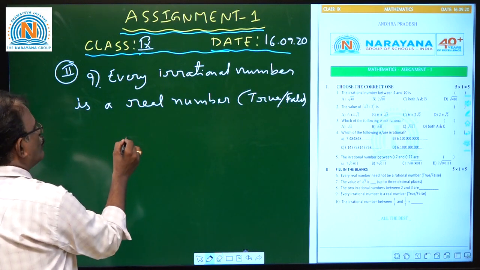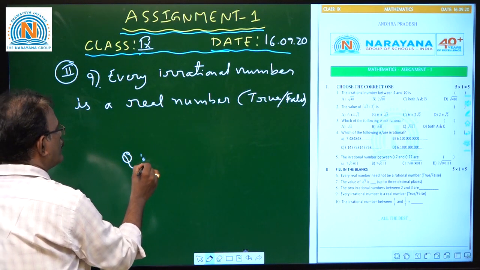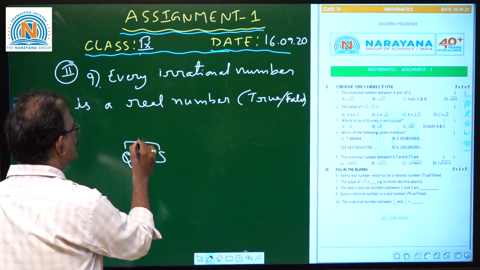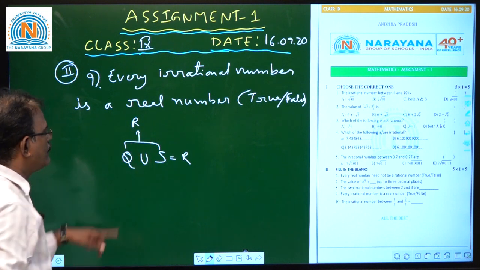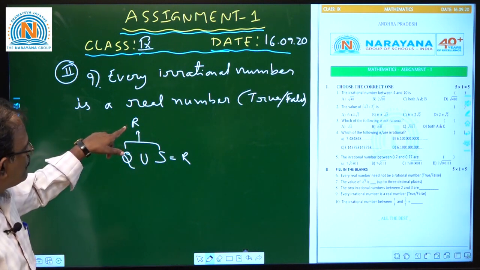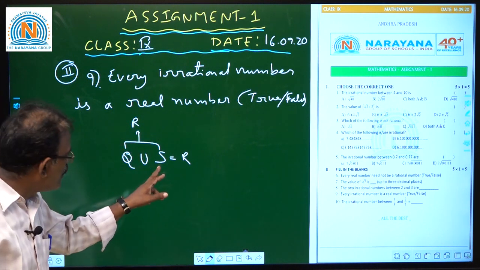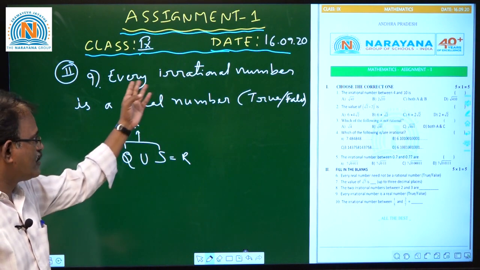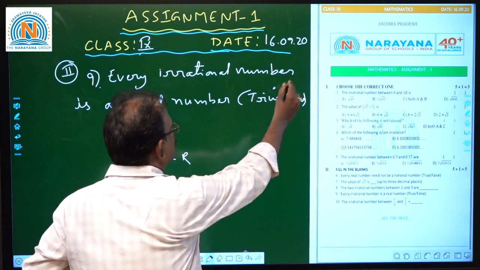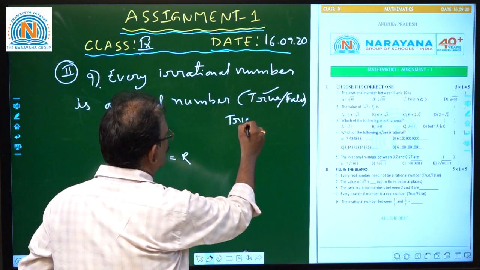See here, we know that Q union S is equal to R, the real numbers. From that, every rational number is a real number. Good. Every irrational number is also a real number. Yes, it is true.